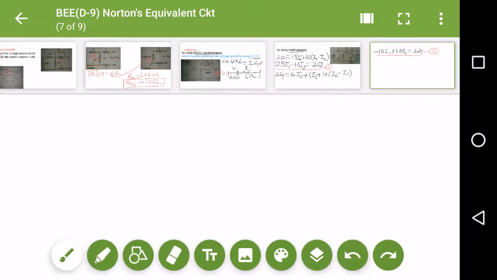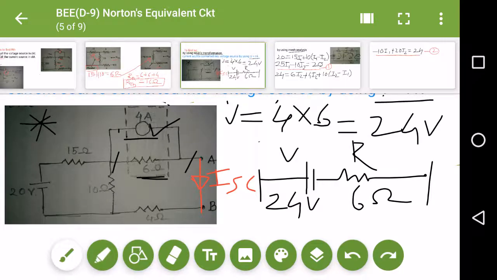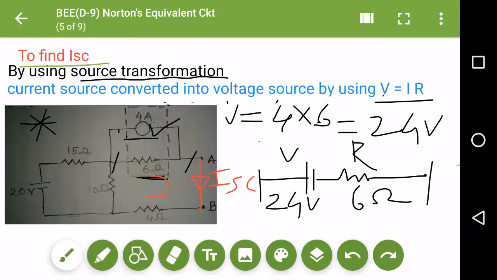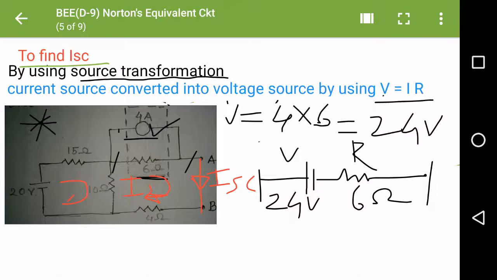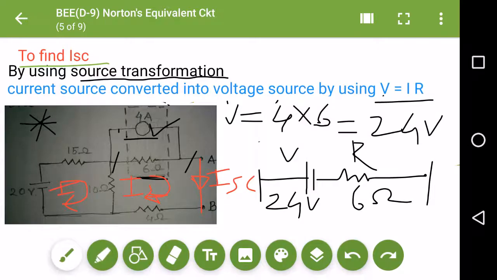Finding the value of I1 is a waste of time, because you can see in this diagram that my ISC is just the value of I2. So this is my current I2, and this is my current I1. My I2 value will give me my desired value of ISC.